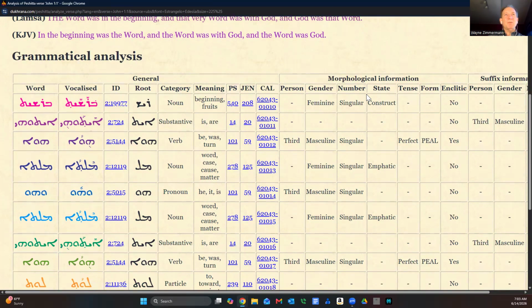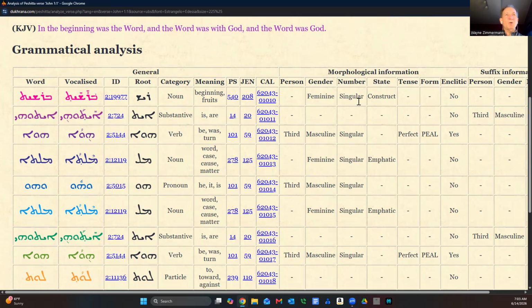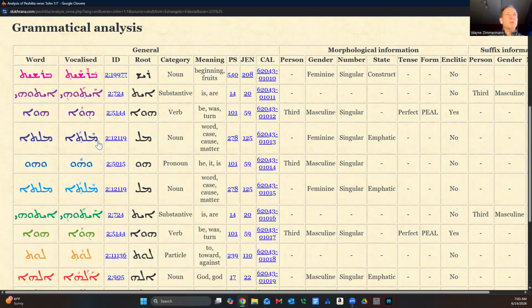So we're not unpacking the whole verse today, but we want to unpack the word for melta that is listed here as word, case, matter, cause.